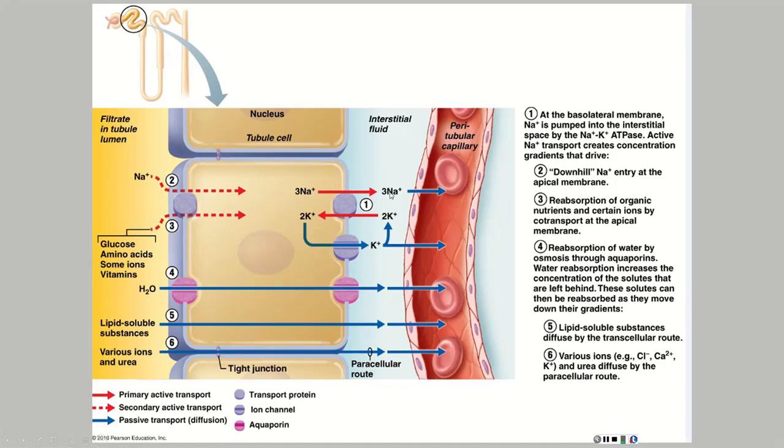Not only are we reabsorbing sodium, which has an osmotic gradient, wanting to pull water towards itself, it also is causing us to reabsorb other nutrients, glucose, amino acids, vitamins, things like that, because they come in along with the sodium that's being drawn in by the negative charge and the low concentration inside the cell. As soon as that sodium comes in, it goes right across, out the sodium-potassium pump, into the interstitium, ultimately into the blood to be carried away.